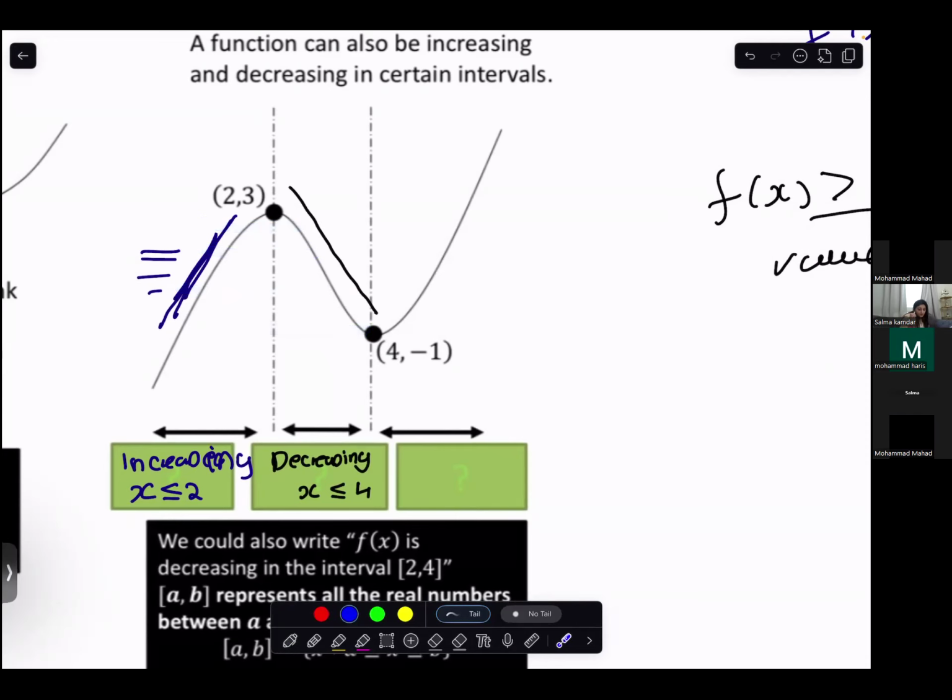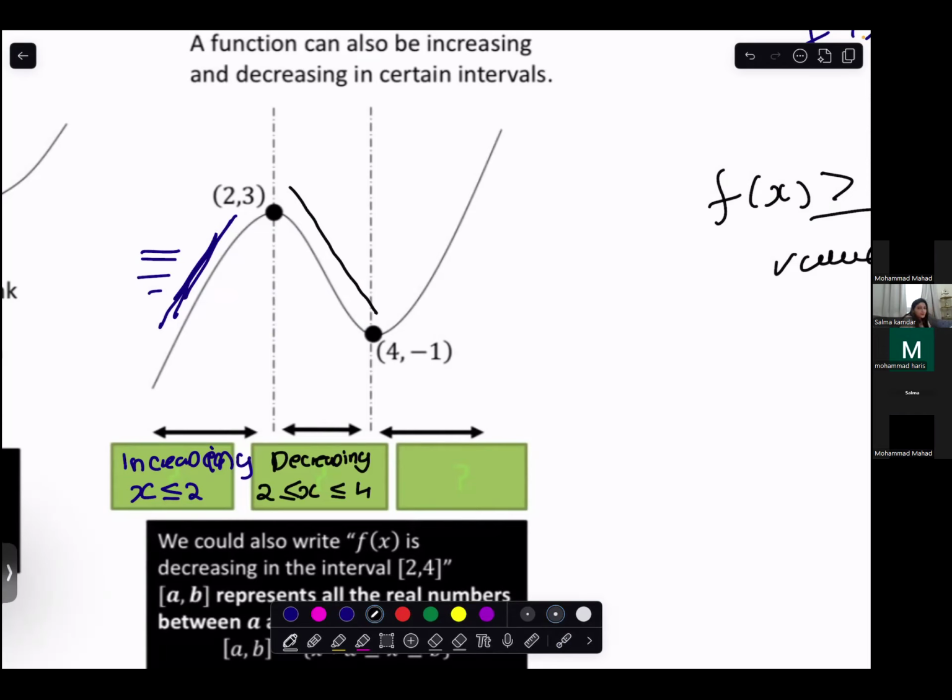So x should be greater than or equal to 2 and less than or equal to 4. So I would say when x is between 2 and 4, my function is decreasing.